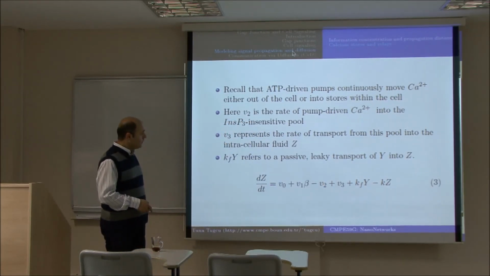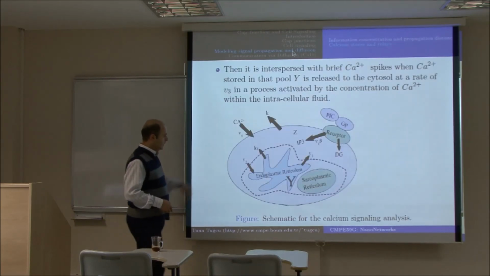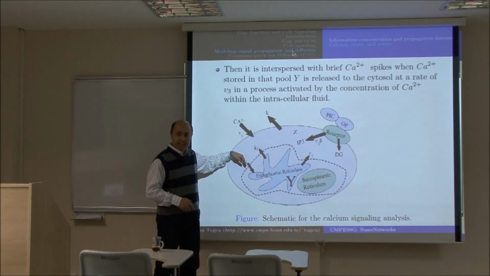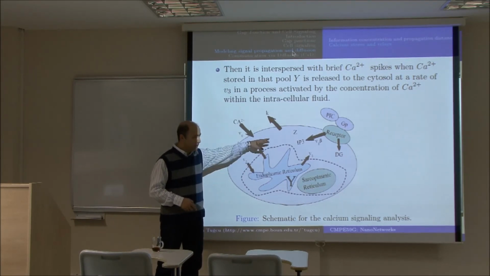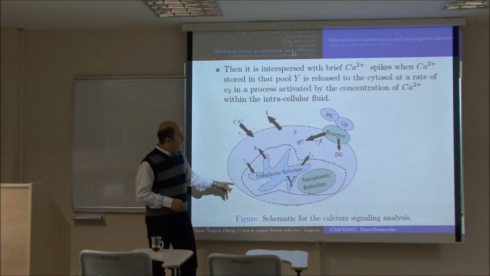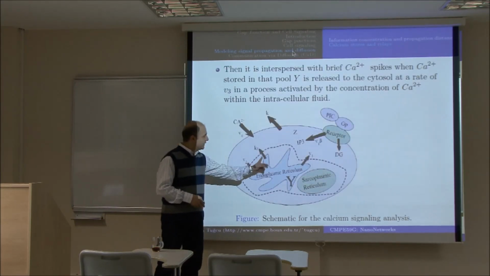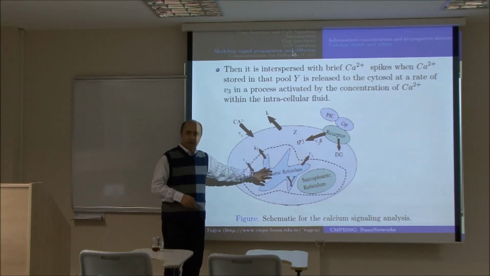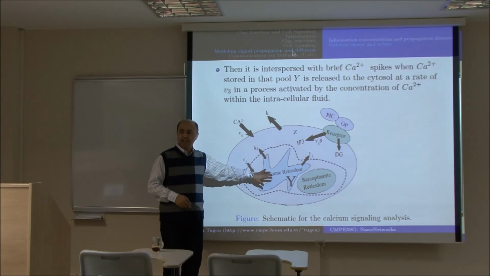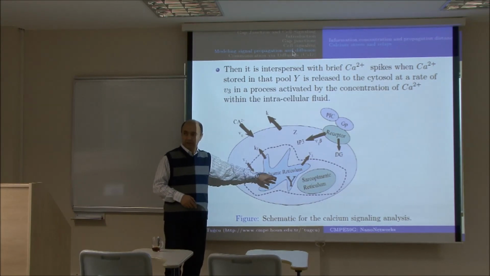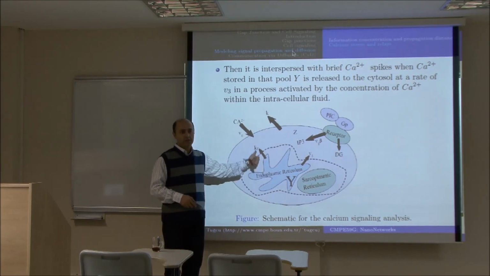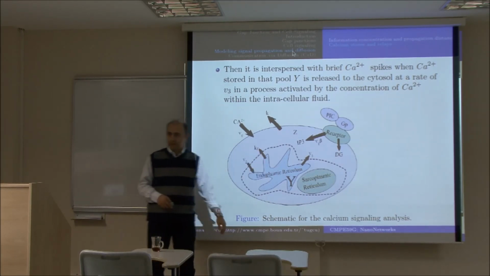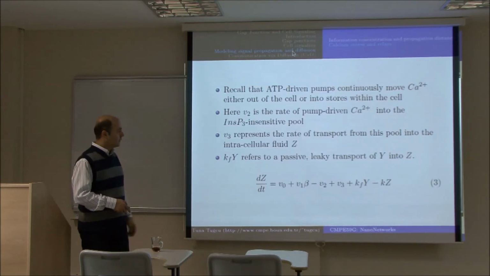Now, V2 was the diffusion, the leakage into the cytoplasm. So that's why it's negative with respect to Z. However, if you look at this Kf, which is leakage, this one depends on the concentration here. The higher Y is, the more calcium ions will leak. So it is Kf times Y. That's what we have here.